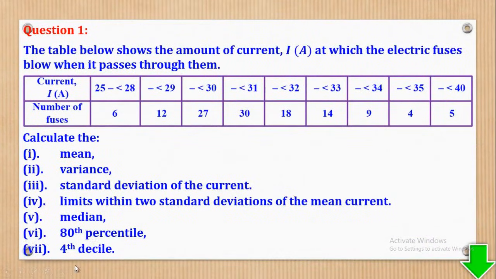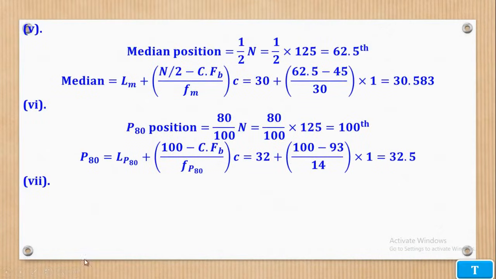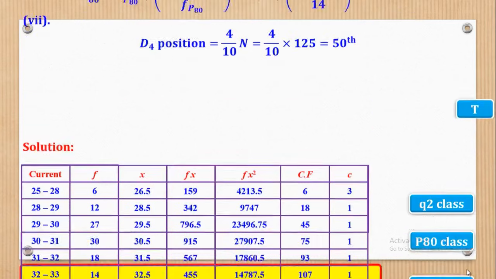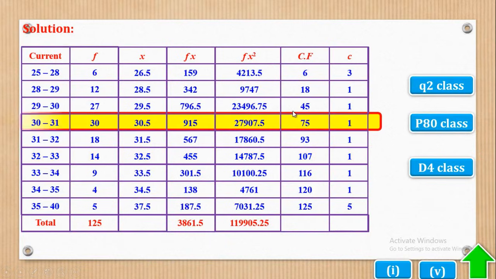Roman 7, they wanted the 4th decile. So first of all, you have to get the 4th decile position, which is 50. Therefore, we shall go back to our cumulative frequency column, and locate where that 50 lies. So that 50 lies in 75, because before 75 it is 45, which is smaller.